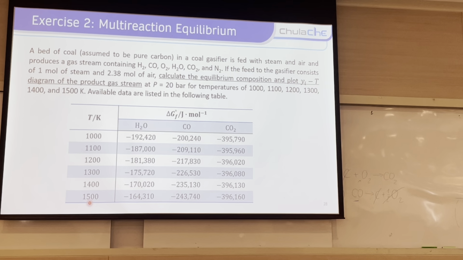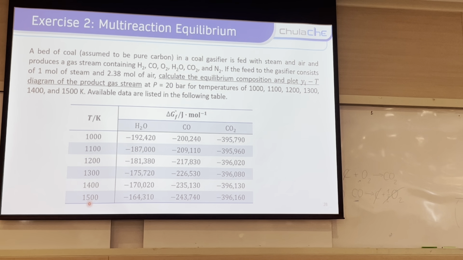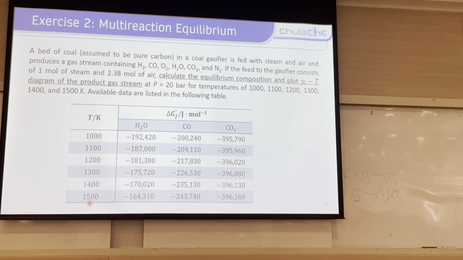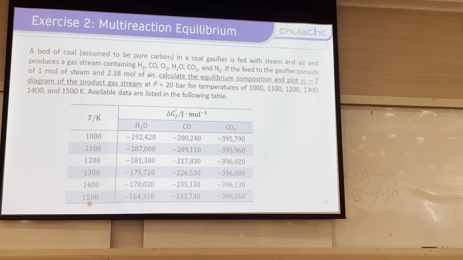That method is generally used for multi-reaction equilibrium, which is what we are dealing with now. For exercise 2 here, I will still continue to use the equilibrium constant method to solve the problem, and you can see how complicated it is with this method. You can use it well, but it's not popular for multi-reaction equilibrium. In the next lecture, we will see another method for multi-reaction equilibrium. This may be easier.